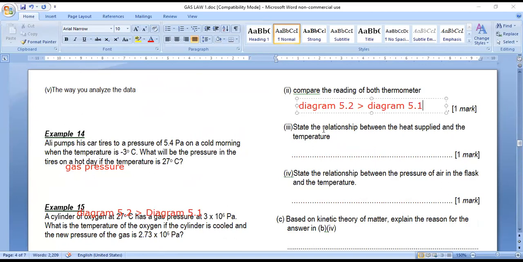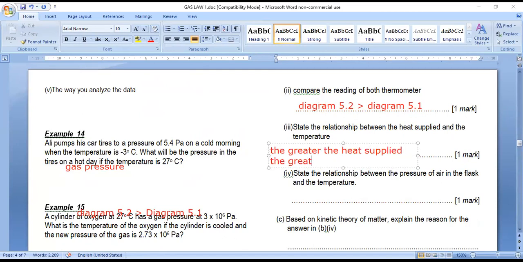So, between the heat supplied and the temperature, the greater the heat supplied, the greater the temperature. Then, between the pressure of air in the flask and temperature.